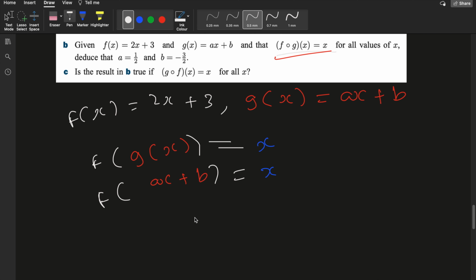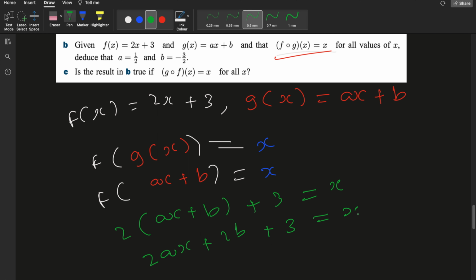Now we'll do green. So this would be 2 into ax plus b plus 3 equals x. So now we'll just have to solve this. 2ax plus 2b plus 3 equals x.